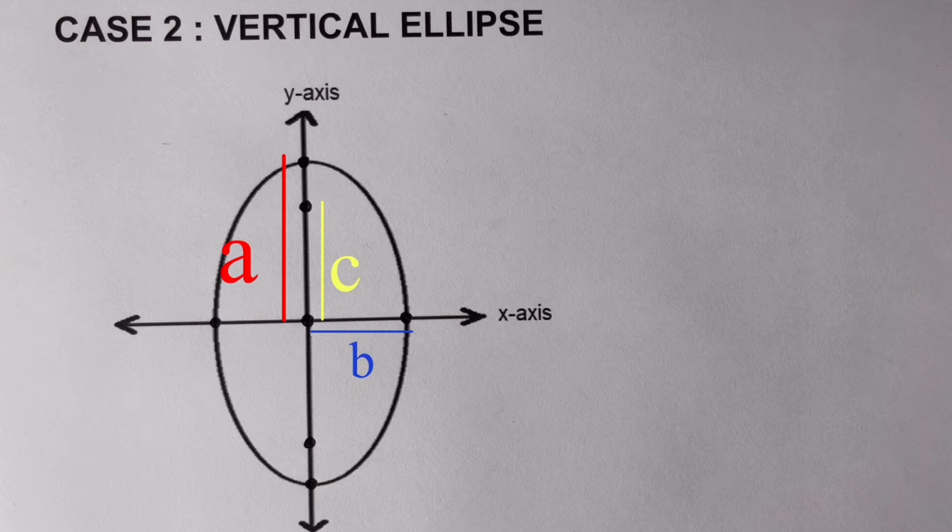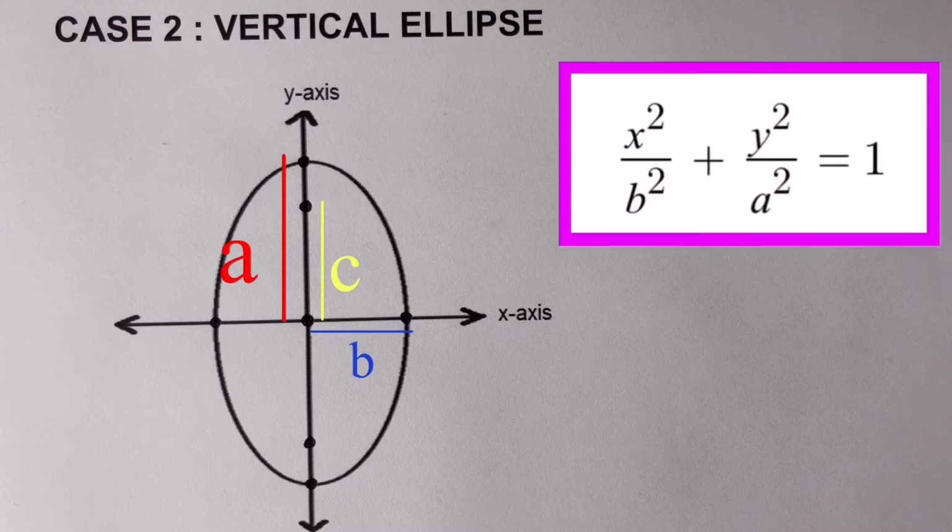Now, using these lengths A and B, we can say that our equation for a vertical ellipse is x squared over b squared plus y squared over a squared is equal to 1. Notice that our a squared is under the y squared.